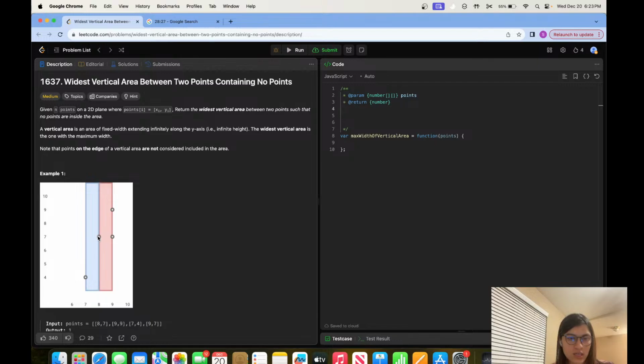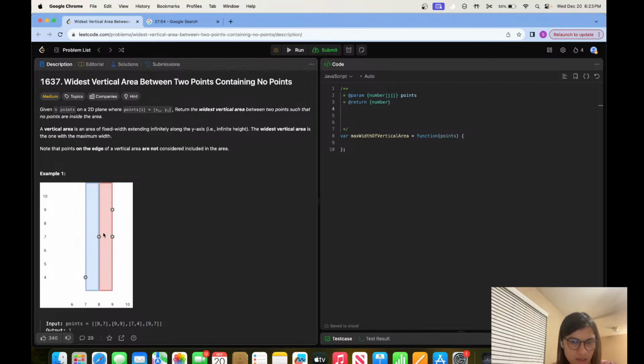So I think these two points, because vertical area means extending infinitely along the y-axis, right? If I consider these two points, then the section in the orange color will be the vertical area, and this is the one with the biggest width, right?